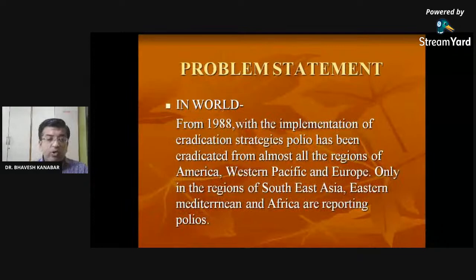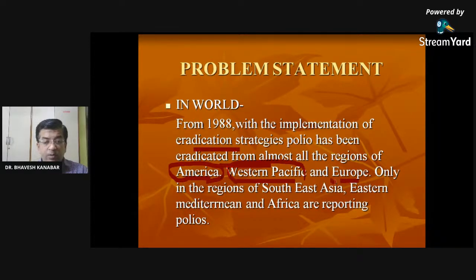In the world, with the implementation of the eradication strategy, polio has been eradicated from almost all the regions of the Americas, the Western Pacific region and Europe. These are the WHO regions, not specific to a country. Our country falls in the Southeast Asian region.